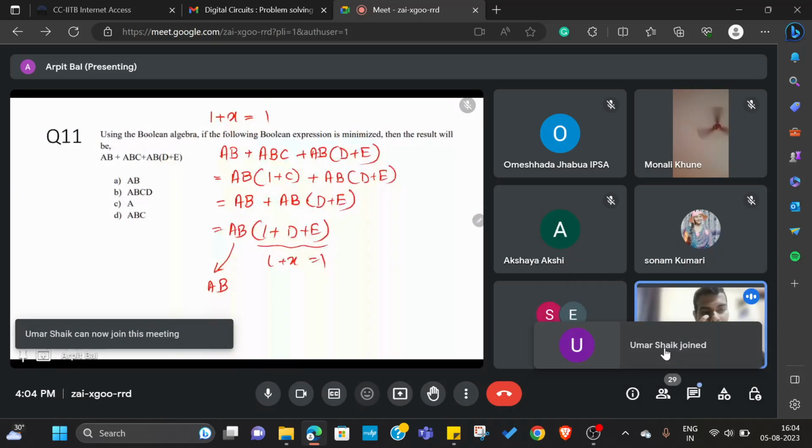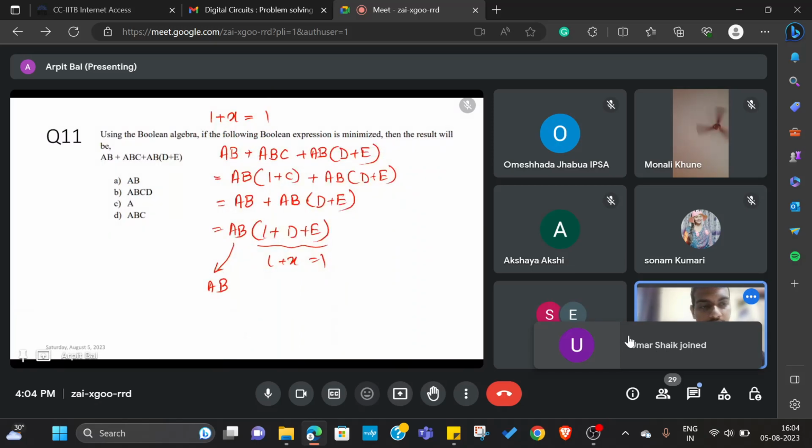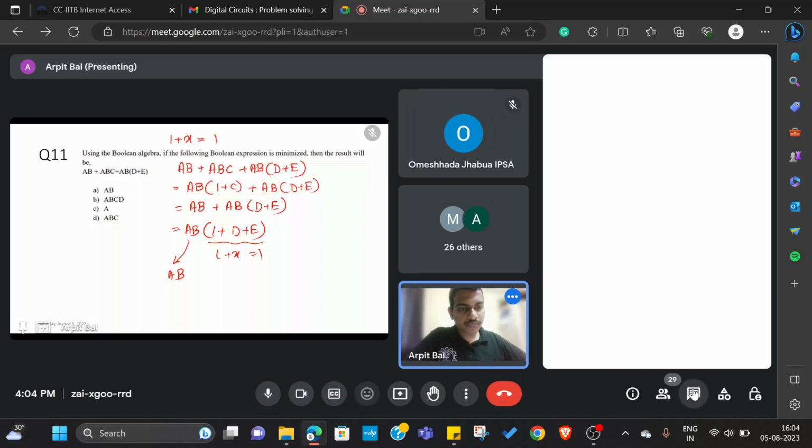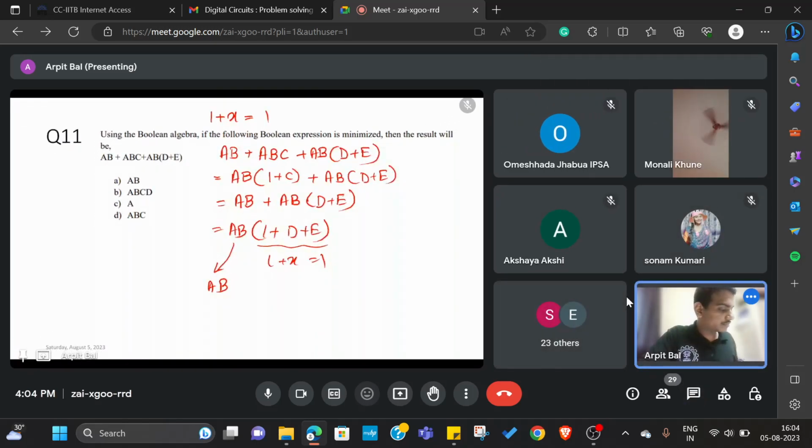Yes, we can take AB common directly from all the terms, but I did it in a step-by-step format so that everyone is able to follow it. So the answer is option A.